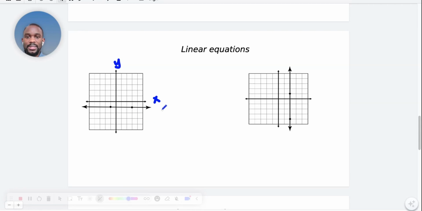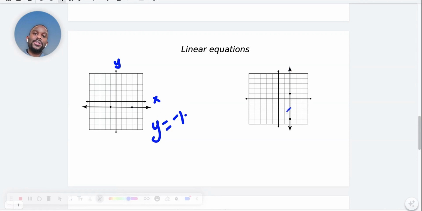So that means this is the line y = -1. So it's crossing the y-axis at -1. So any coordinate of this line has a y coordinate of -1. So this one is (-1, -1), and this is (3, -1). So this is the line y = -1.